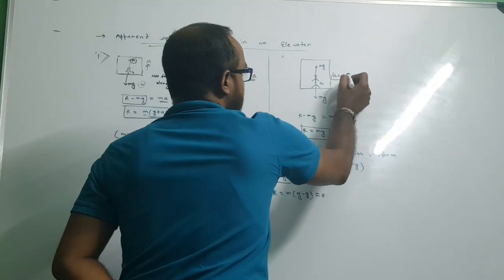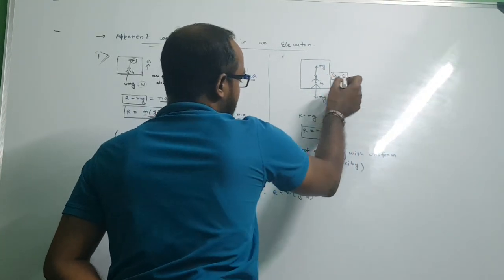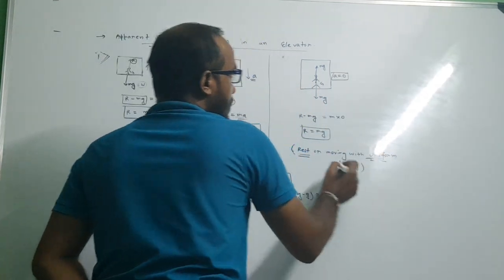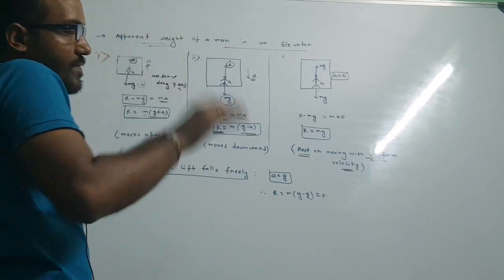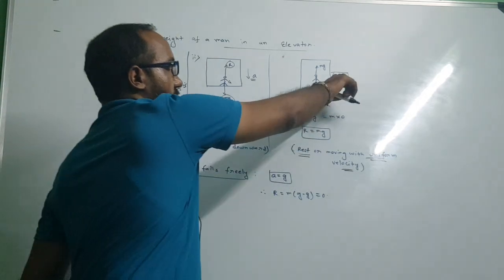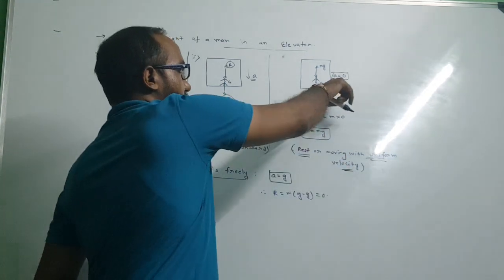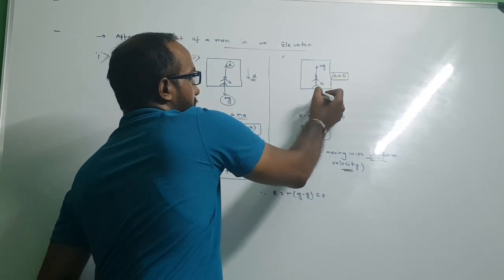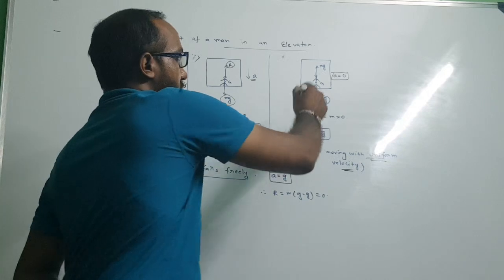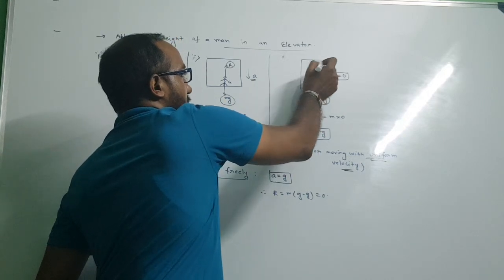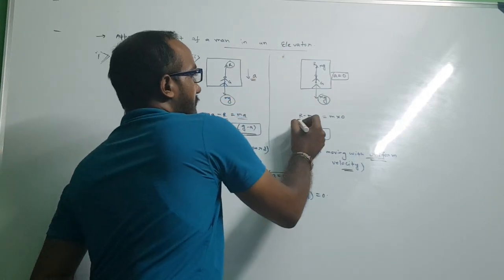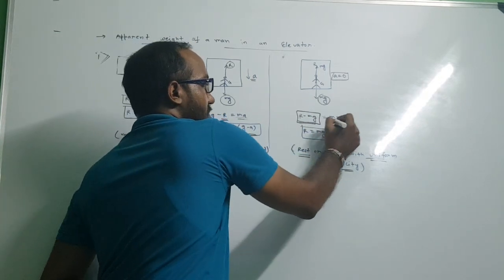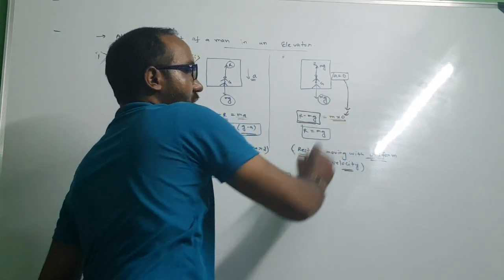Now in the third case, the lift may be at rest or moving with uniform velocity. If the lift is moving with uniform velocity, the acceleration is 0. With mg acting downward and R acting upward, R minus mg, the resultant force, equals mass into acceleration, which is 0.